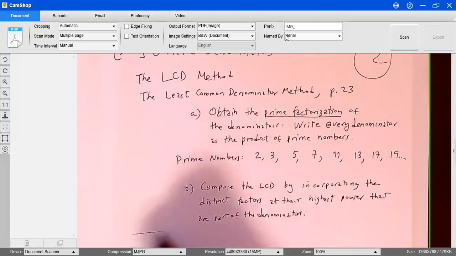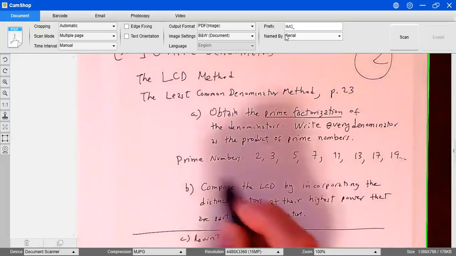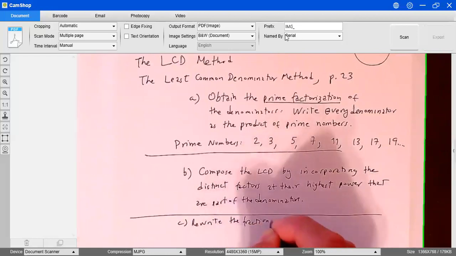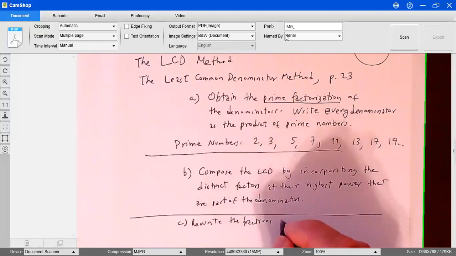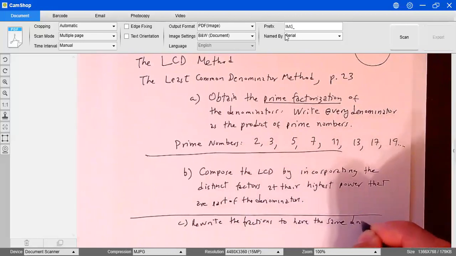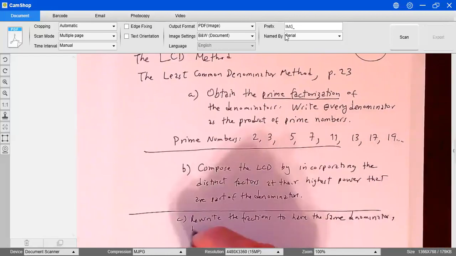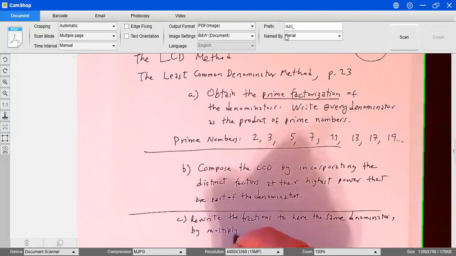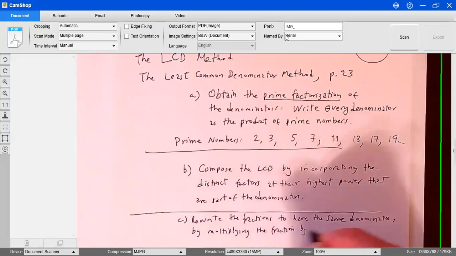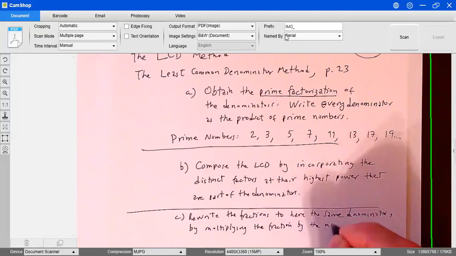So once you do that, the last step is you're going to rewrite the fractions to have the same denominator. How? By multiplying the fraction by the missing factors.